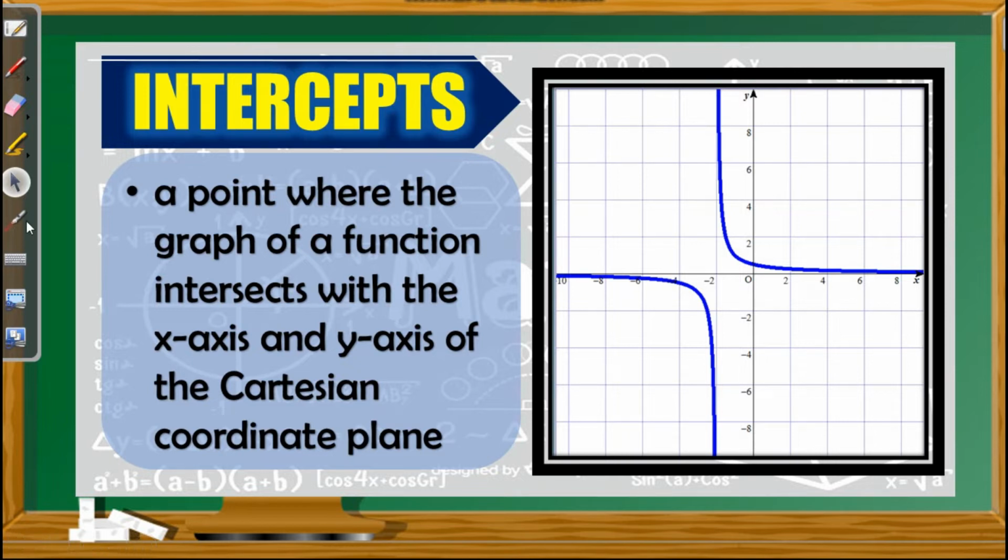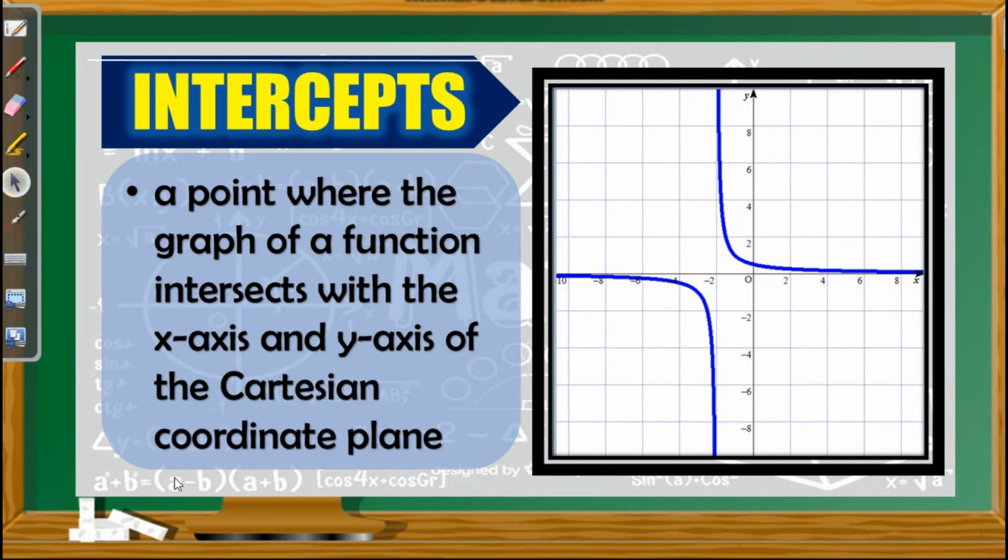In this case, looking at the graph, these two graphs did not touch the x-axis, so there is no x-intercept. As for the y-axis, this graph passed through the y-axis at this point, therefore there is a y-intercept, which is y equals 1/2.